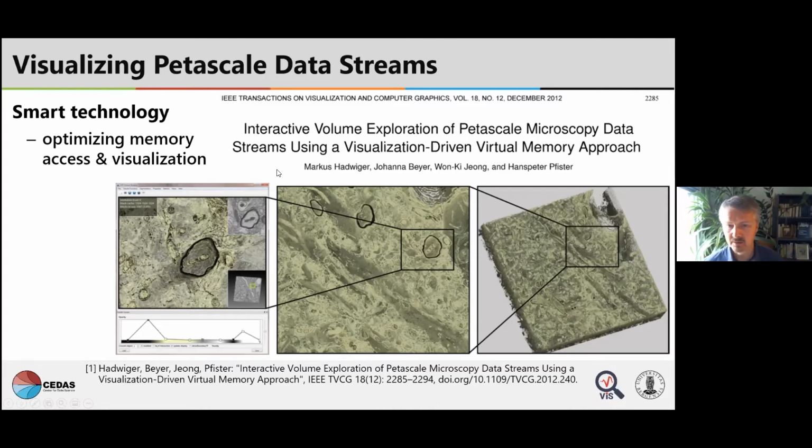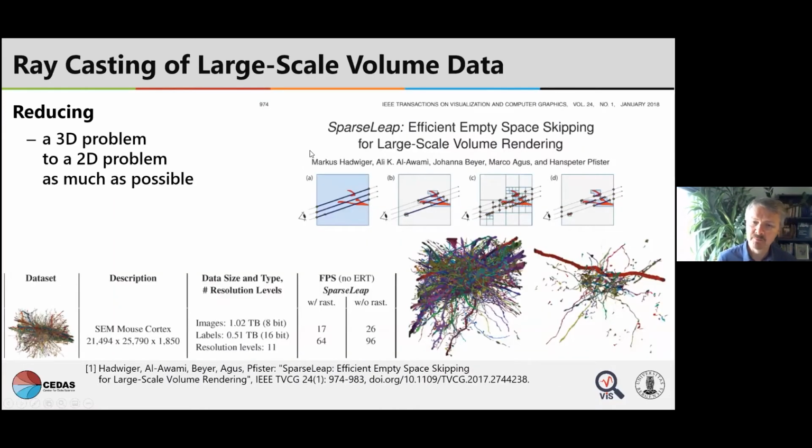Another example from similar authors is to avoid unnecessary computations as much as possible when you have to deal with such large data. Here we are concerned with scanning electron microscopy data that is like 20,000 by 20,000 in size, and there are several thousand of these images on top of each other. So this is terabyte-sized data to visualize, and you need really good algorithms for that.